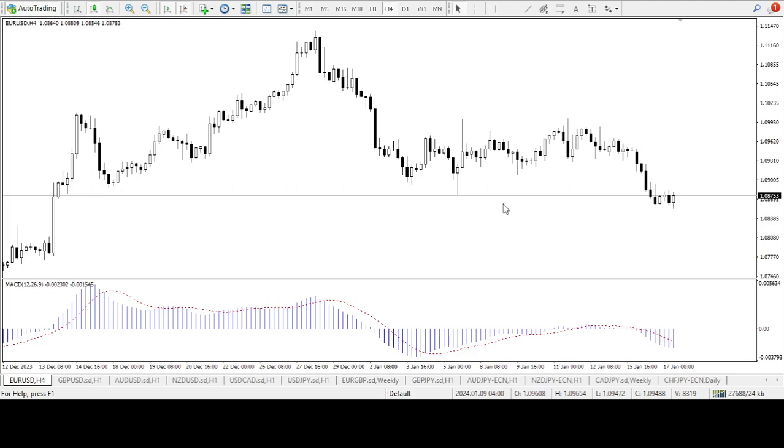But there was no significant bullish move in the US dollar on Thursday, on Friday either, or until yesterday. So even though we have seen a bullish move yesterday, we cannot say that it was driven by CPI.